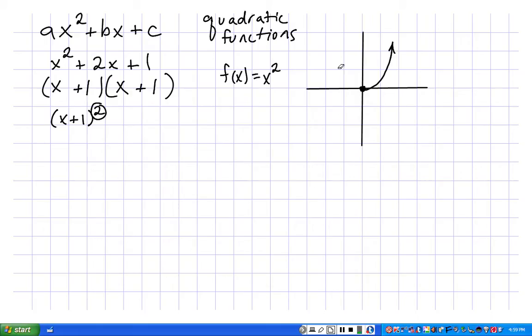I might as well take the time to be more accurate. It would be a graph that looked more like this. And that's our f of x equals x squared, right? And at this point right here would be considered the vertex.